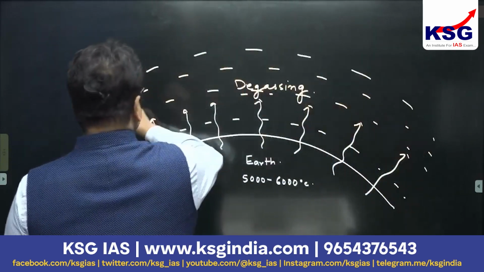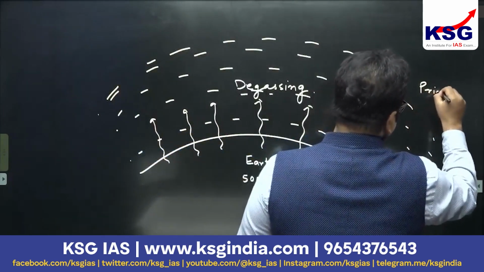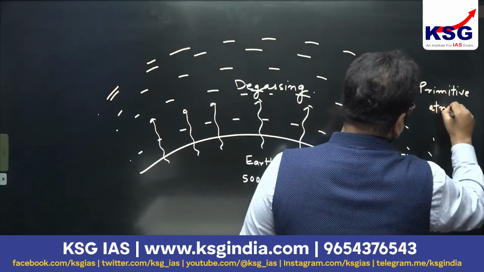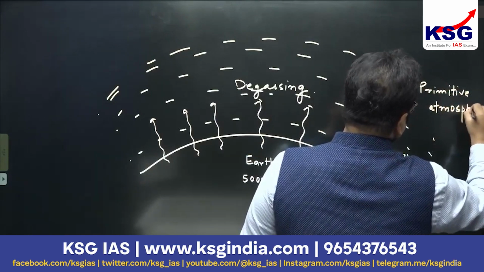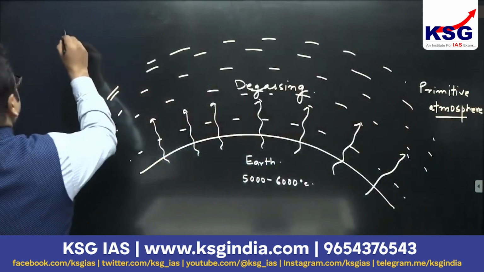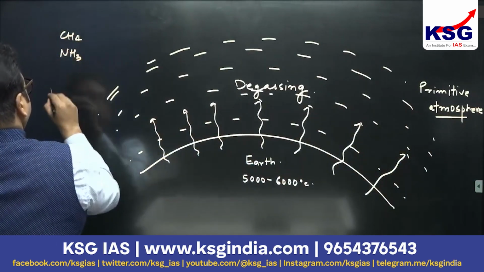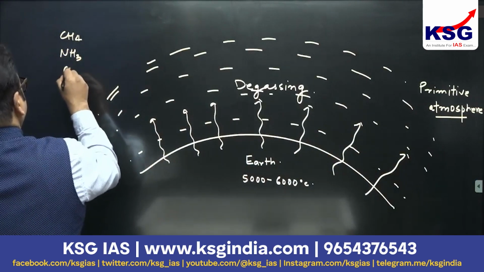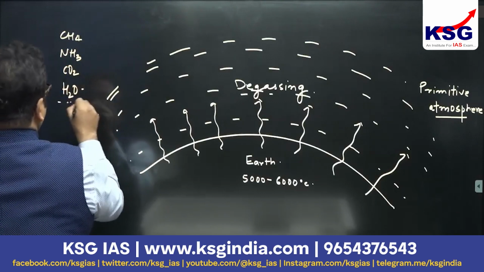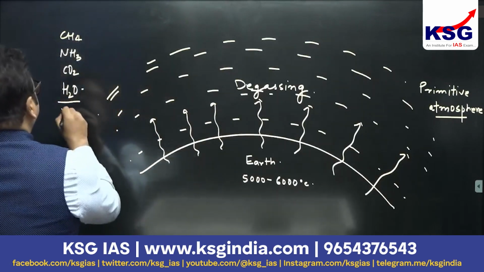As the temperature was so high, the primitive atmosphere contained mainly methane, ammonia, some amount of carbon dioxide, and an abundance of water vapor. This water was in vapor form.